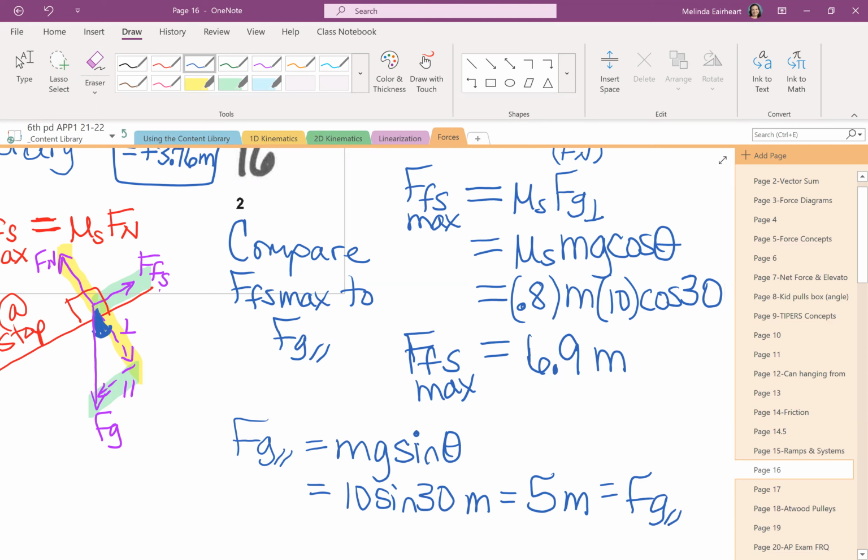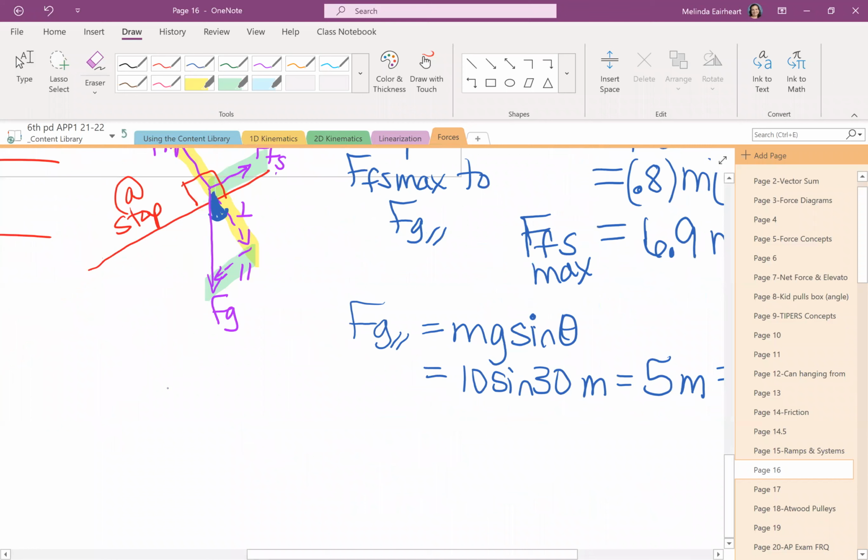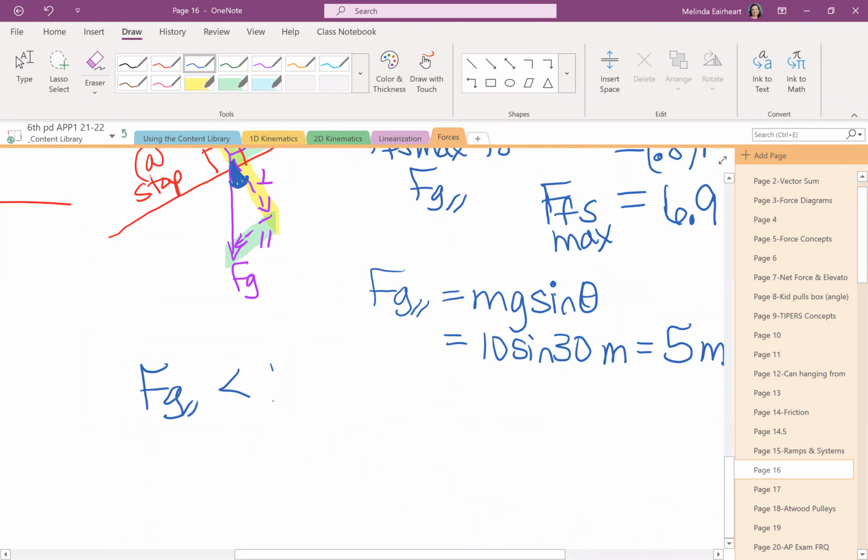Our maximum, it's going to stay at rest until it reaches 6.9. So is it a permanent stop? Or is friction not enough? Is static friction not enough and it slides back down? So FG parallel is less than the static max.